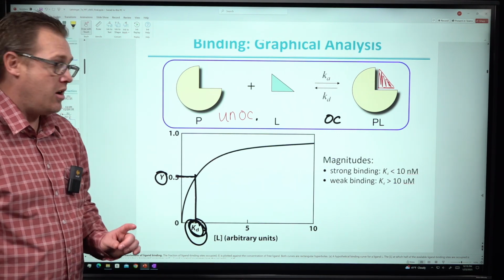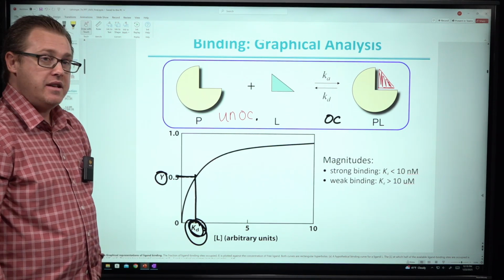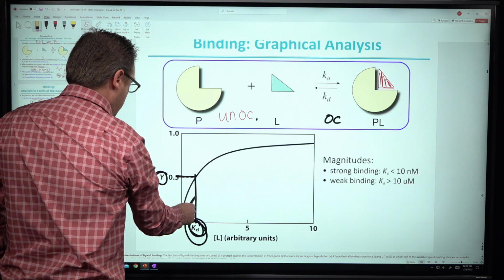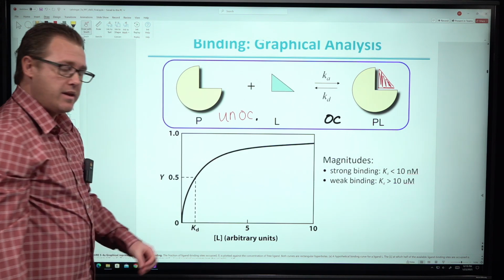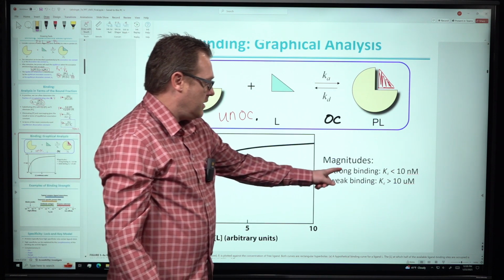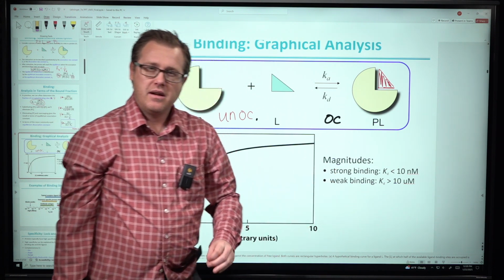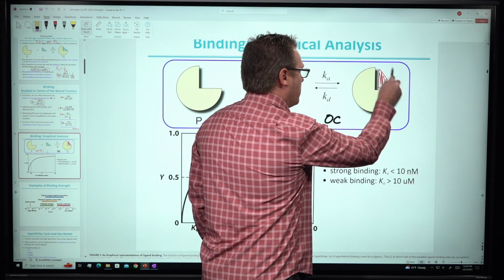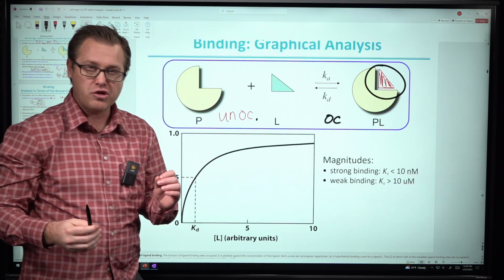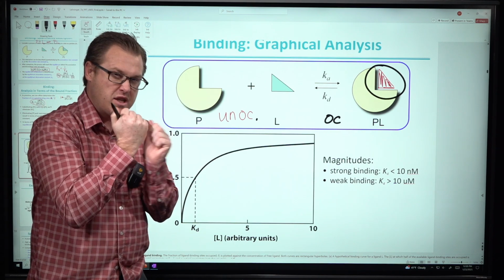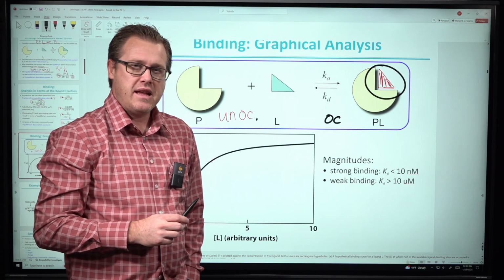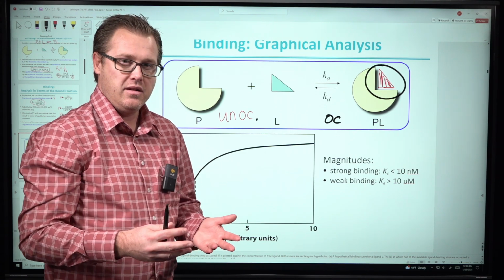And with dissociation constants, let's answer the question, how do we interpret the value of a KD? If this interaction is very, very strong, where the ligand wants to go there and stay there, then you don't need a lot of ligand.